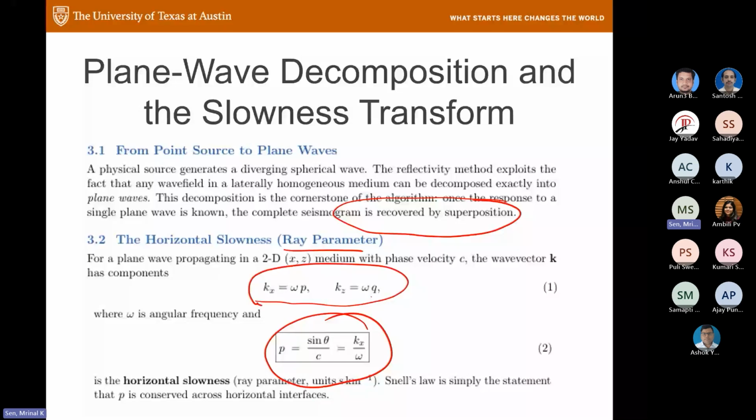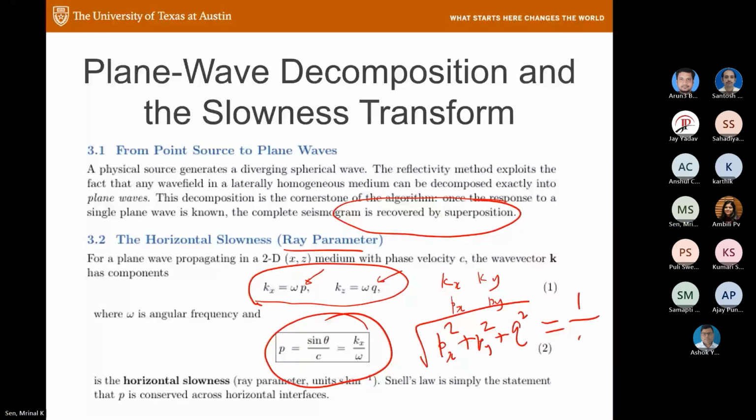So p is called the horizontal slowness, q is called the vertical slowness. But when you have a 2D Fourier transform over x and y, then we have kx and we have ky, so this becomes px and this becomes py. Then the square root of px squared plus py squared plus q squared, or pz squared, is equal to what? 1 over velocity.